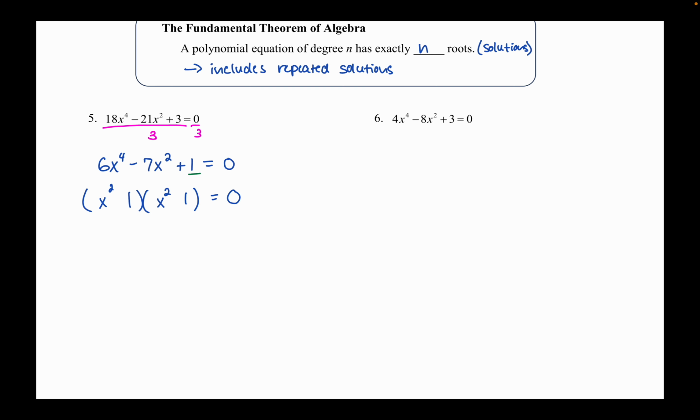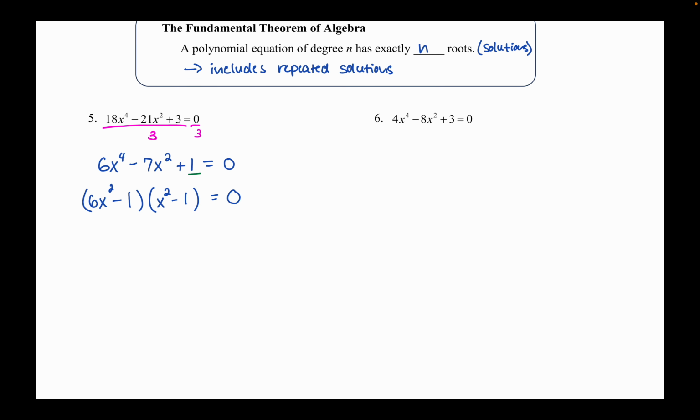They multiply to a positive 1, but my middle term is negative, so they're both going to be negative. My coefficients of the x squareds have to multiply to 6, so I could do 2 and 3, or 6 and 1. If I do 6 and 1, when I multiply that out, I'll get negative 6. When I multiply the 2 inside ones, I'll get negative 1, and that does in fact add to negative 7. So this is correct.